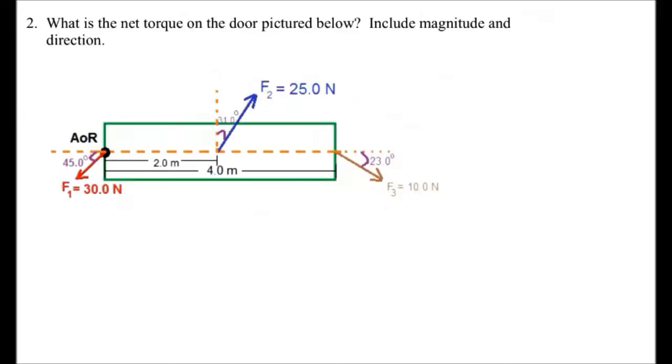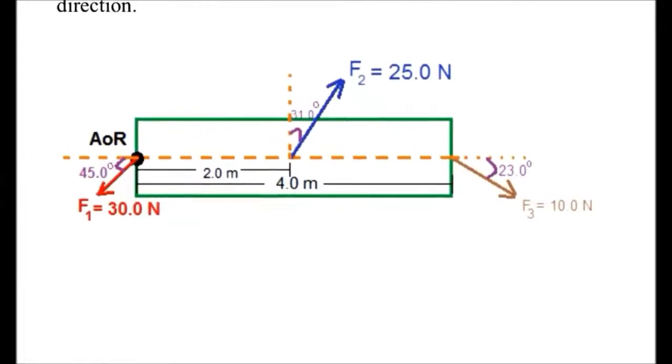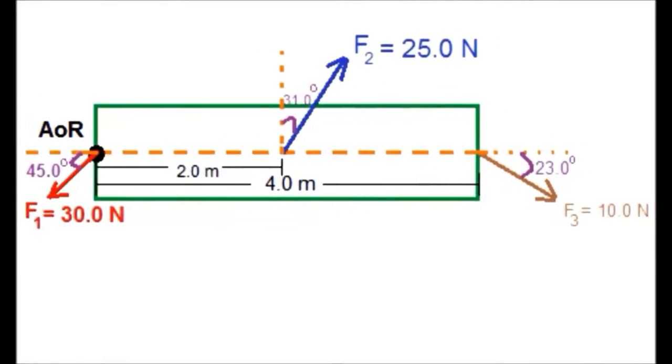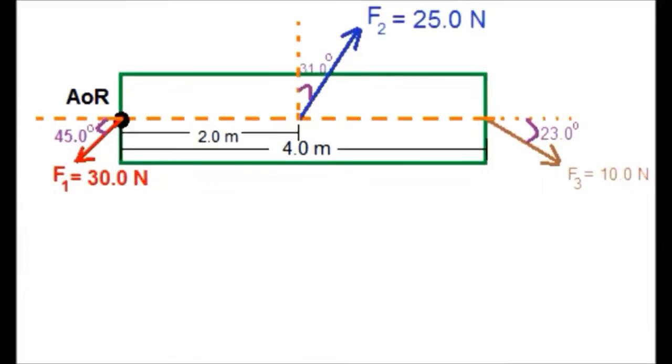Next question here. What is the net torque on the door pictured below? Include magnitude and direction. All right, so take a minute and draw that picture. If we're going to calculate the net torque on something, then we're going to have a torque caused by force 1, a torque caused by force 2, and a torque caused by force 3, correct?